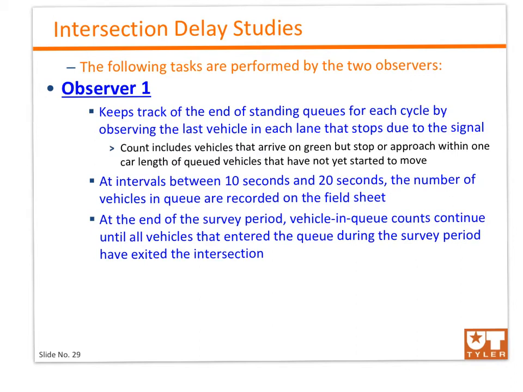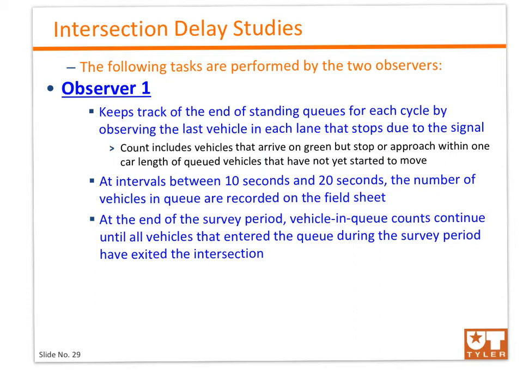Observer 1 will now start to count, and the count would need to include vehicles that arrive on green but stop or approach within 1 car length of queued vehicles that have not yet started to move. Observer 1 will do the measurements at intervals between 10 seconds to 20 seconds. The number of vehicles in queue are recorded on the field sheet.